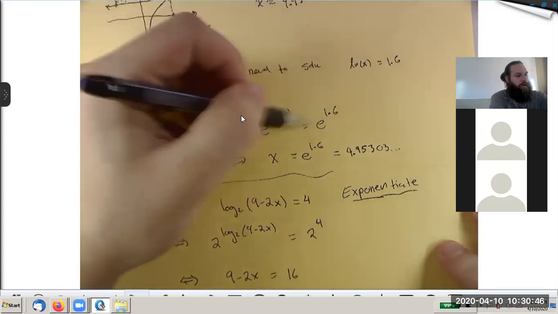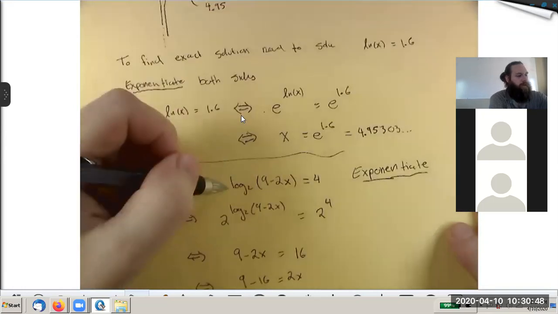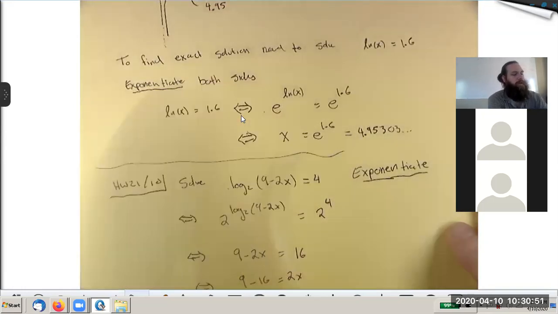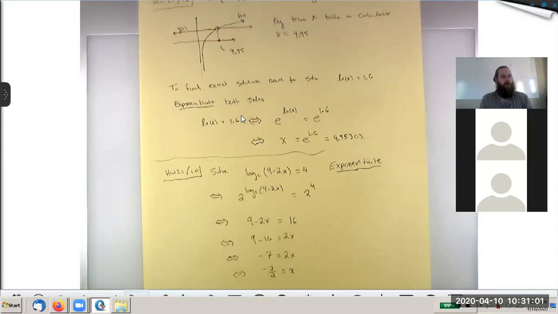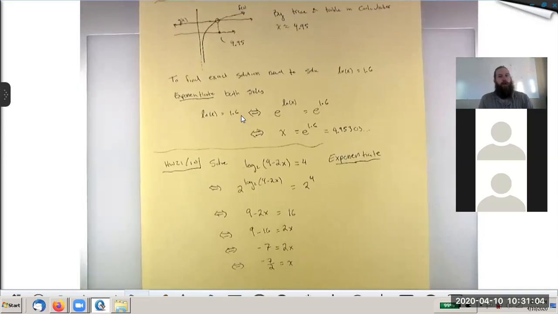Whatever was on the right, put it in the power of e. I took whatever was here, put it in the power of 2. Whatever was here, put it in the power of 2. So this exponentiate thing is our new tool for solving logarithmic equations. If your equation has a variable trapped inside a logarithm, at some point you will have to exponentiate to solve that equation.